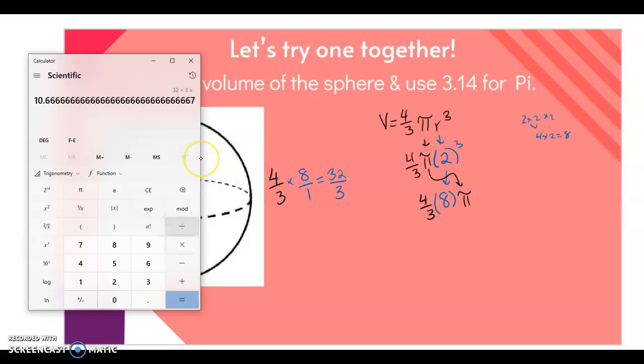I'm going to take that number, since it's in my calculator, nice and fresh. I'm going to multiply it by 3.14. That's my pi. And I get an answer of 33.49.